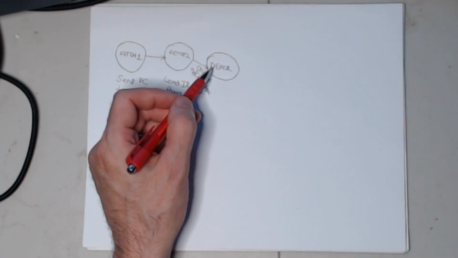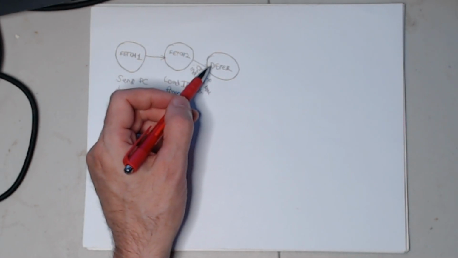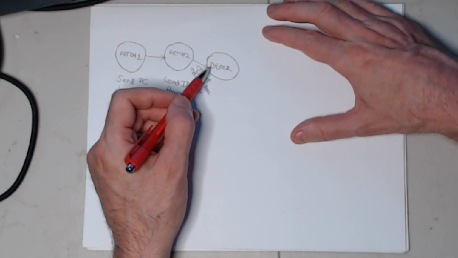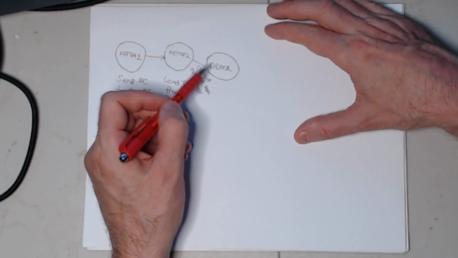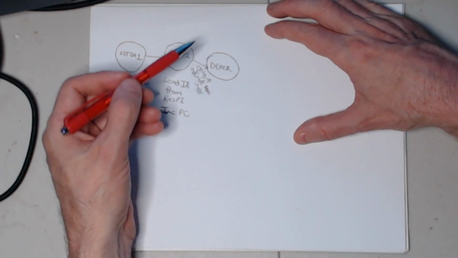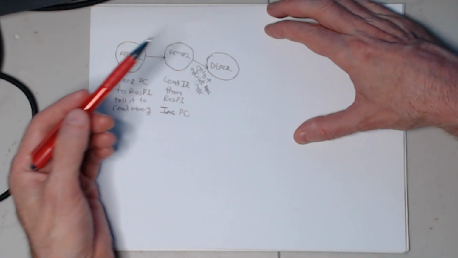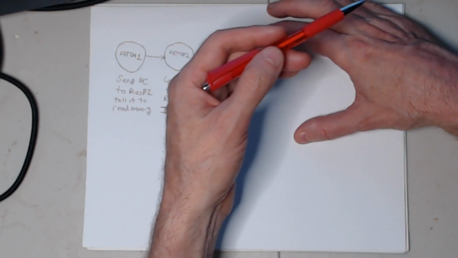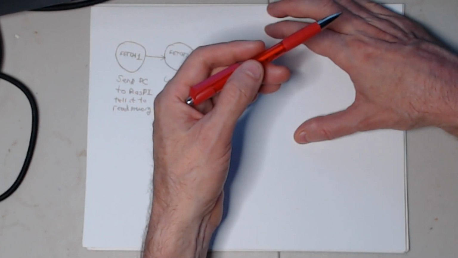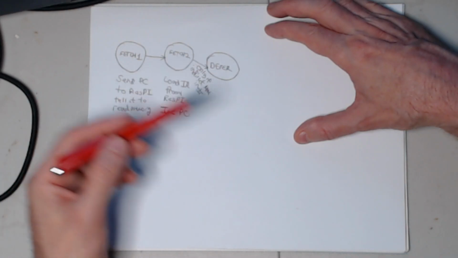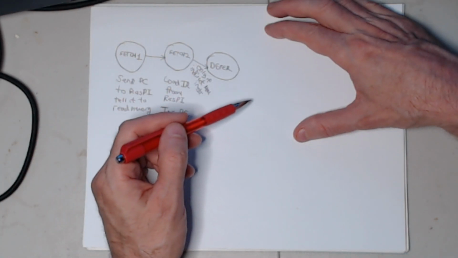Now, how many cycles do we need for defer? Usually this is just reading memory. So we just read the pointer. We have to send the address of the pointer to the Raspberry Pi in one cycle, and then we read the pointer value back in the second cycle.